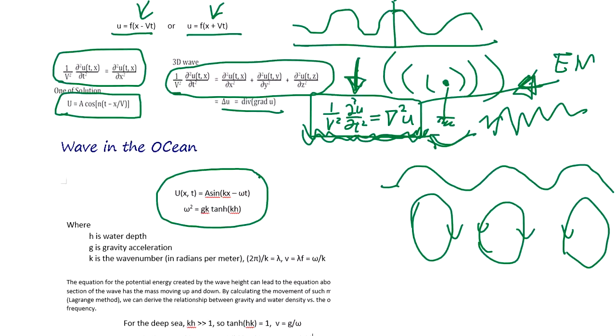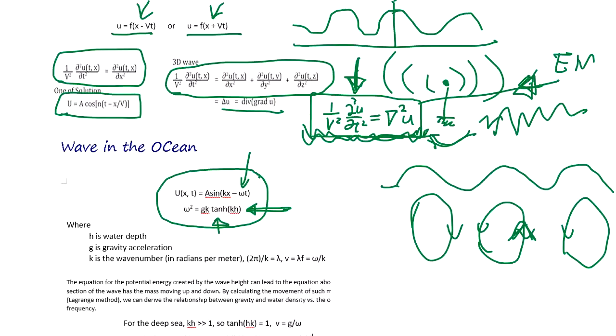Okay, so this way. So what happened is this, the wave frequency is the coefficient in front of t, is a function of hypertangent.